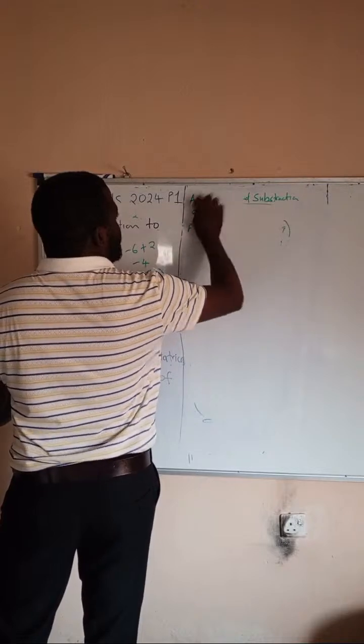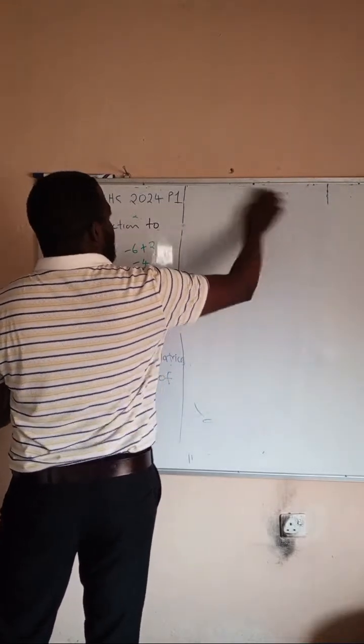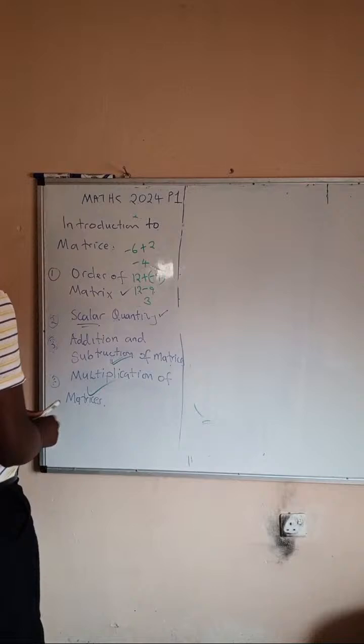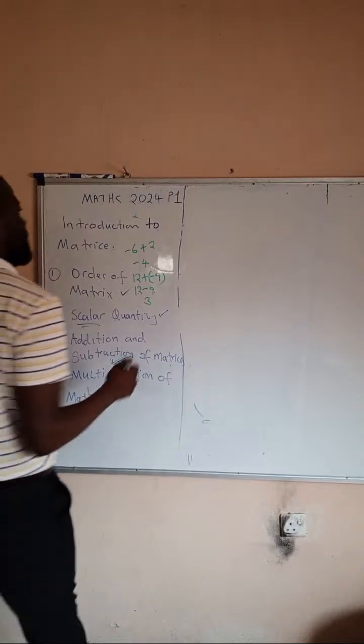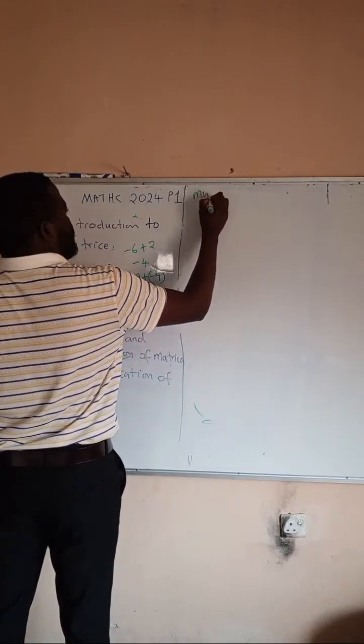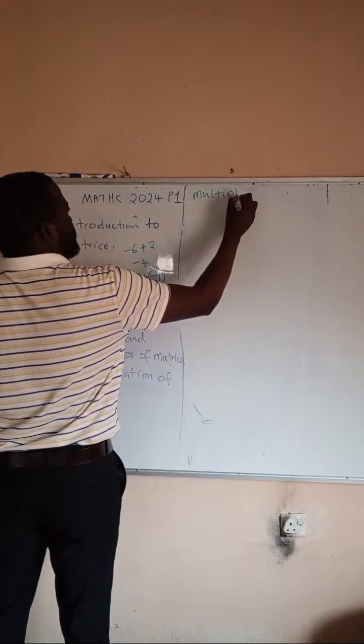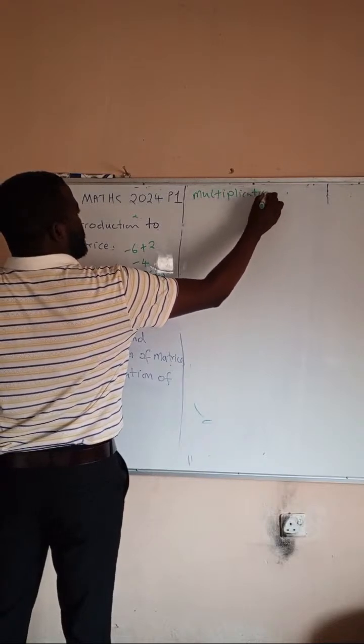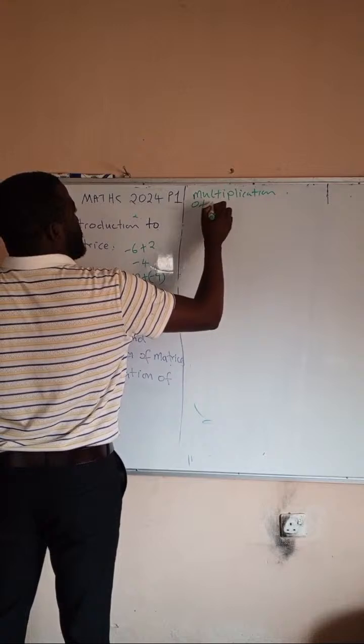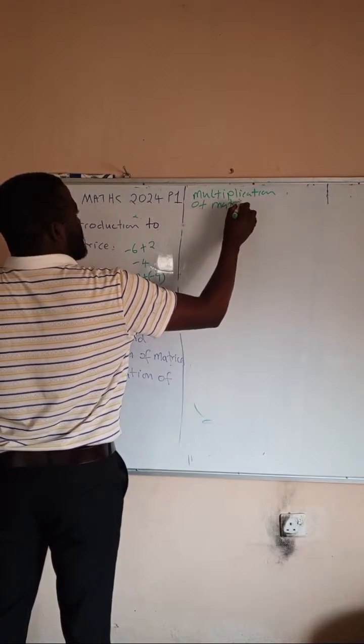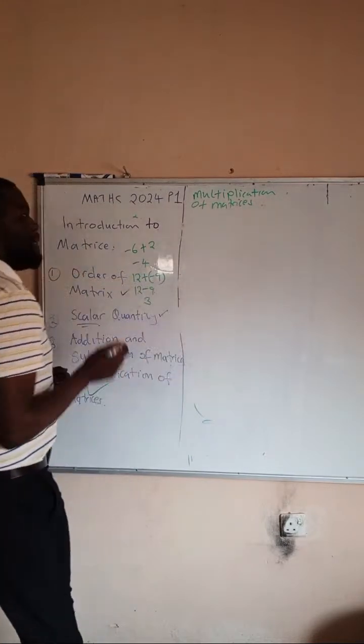Now the last part is multiplication of matrices, rather, not integers. How do you multiply matrices?